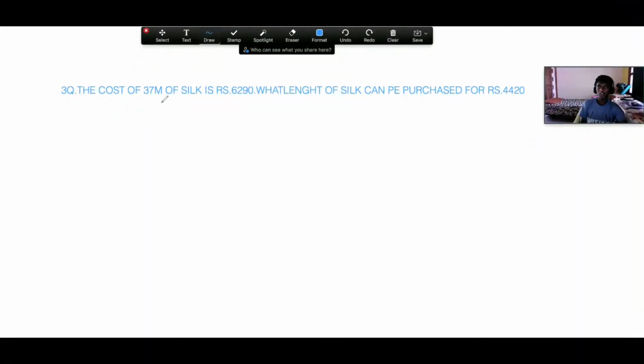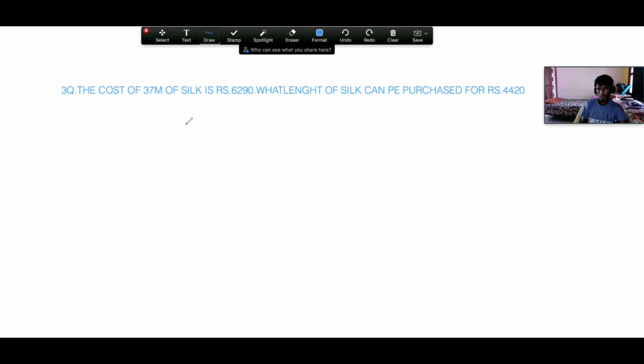Now let's solve the third problem. The cost of 37 meters of silk is 6,290 rupees. What length of silk can be purchased for rupees 4,420?